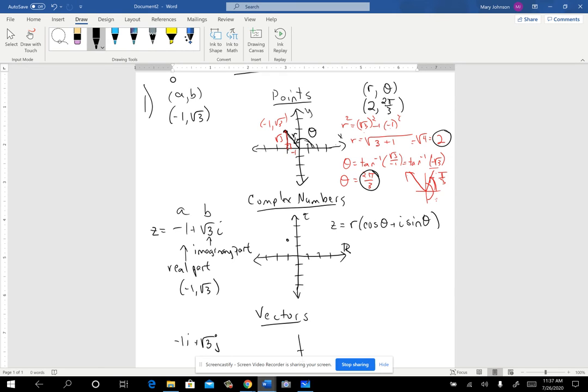If you didn't already do the problem, like we already did a lot of that information back in example 1, then you would have to go through that work to identify the radius and the angle. But since we already know that, we can express this complex number. The radius was 2, and then it was 2π/3 for the angle. Make sure you have a parenthesis there, plus i sine 2π/3. So there you have it.